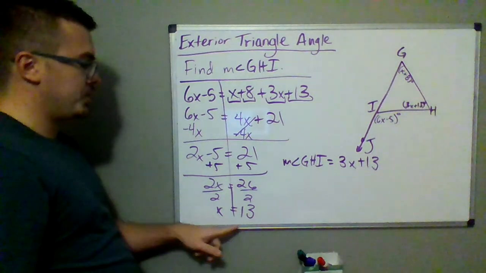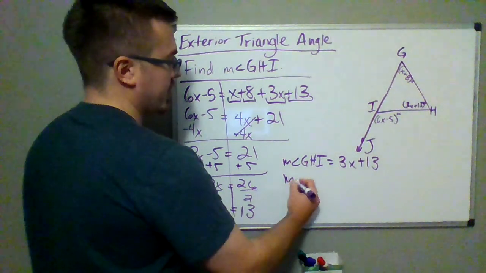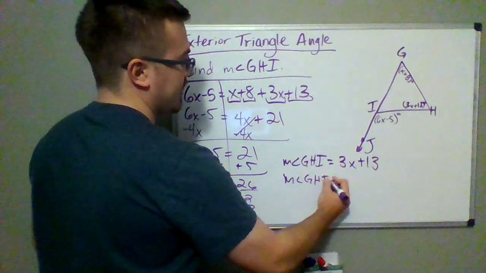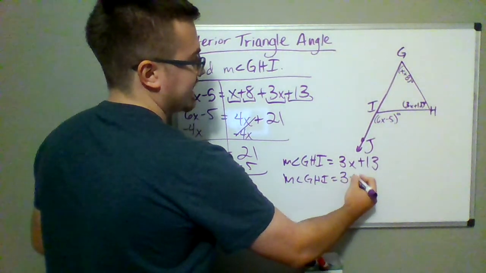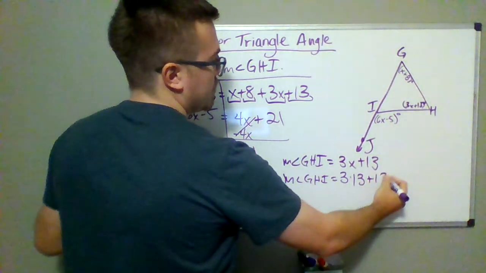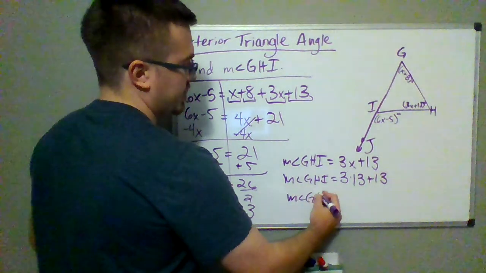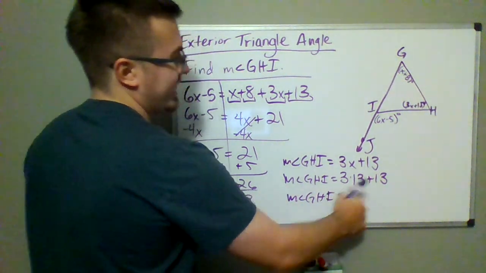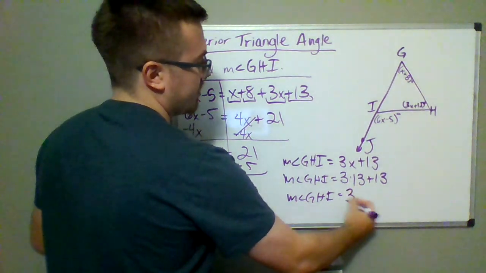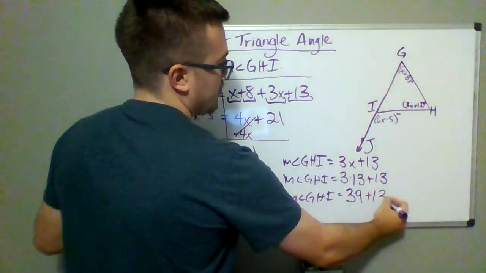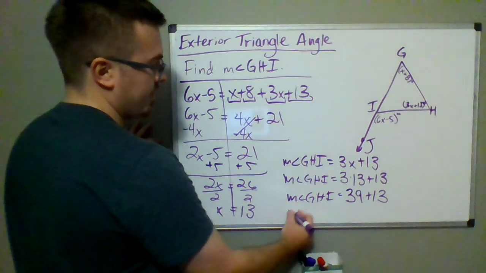So now all I have to do is plug in 13. The measure of angle GHI is equal to 3 times 13 plus 13. 3 times 13 is going to give me 39, plus 13.